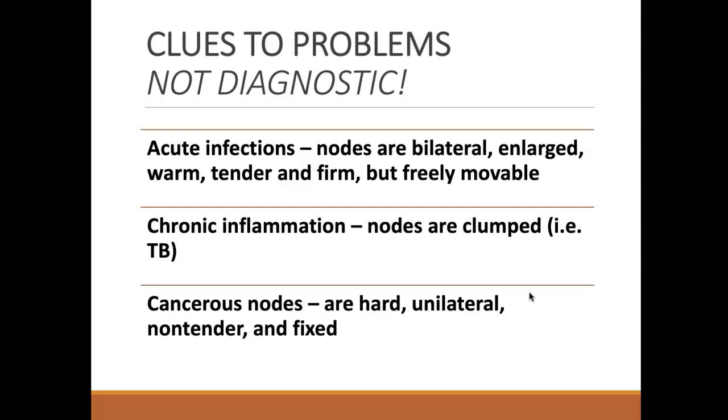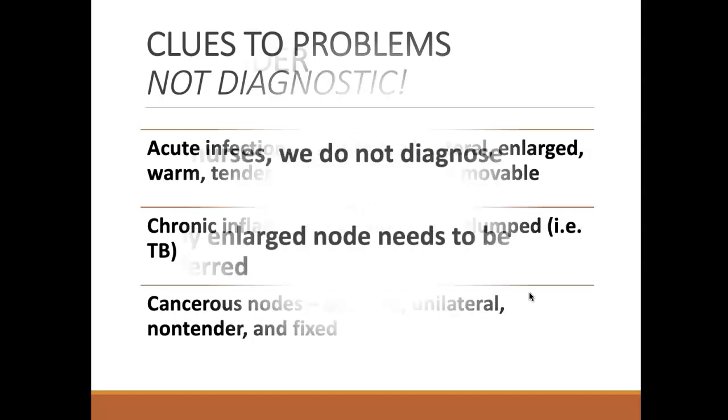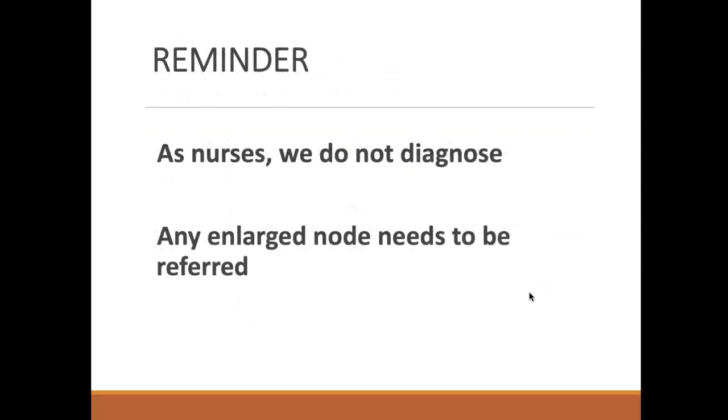They're unilateral, so they are not symmetrical from one side of the body to the other. It's usually one side of the body. They don't always have a lot of pain, but they are fixed to the underlying tissue. They're not freely movable. You can't wiggle them around. And remember, we don't diagnose, but anytime we find some enlarged nodes, you just want to make sure to mention that to your physician, or your client's physician, or a higher level provider.